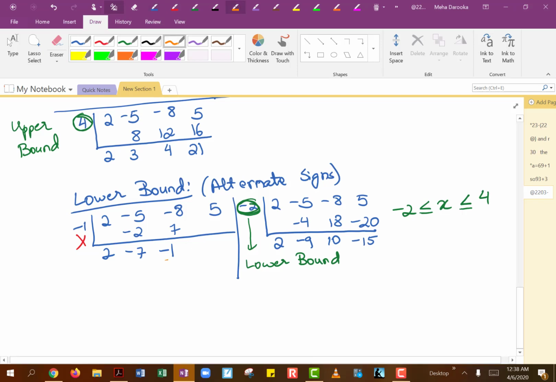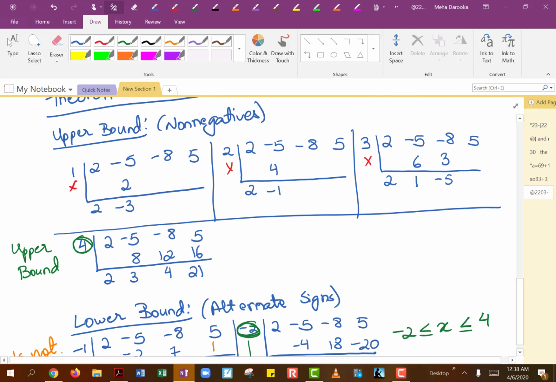So negative 1 multiplied by negative 1 will give us positive 1. And then when I add 5 plus 1, I get 6, right? I am not getting a 0 remainder, which tells me negative 1 is not a root for our polynomial.